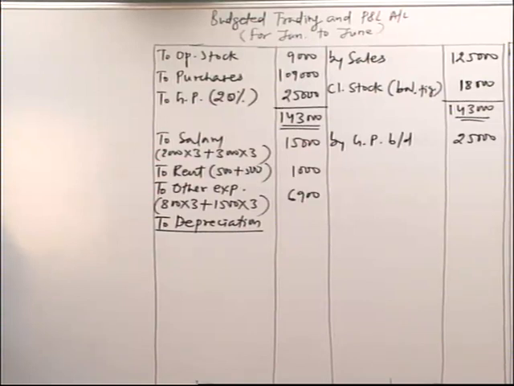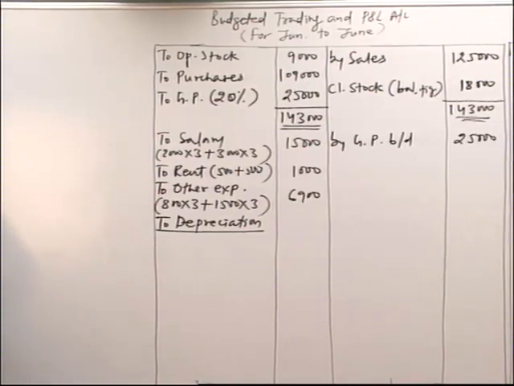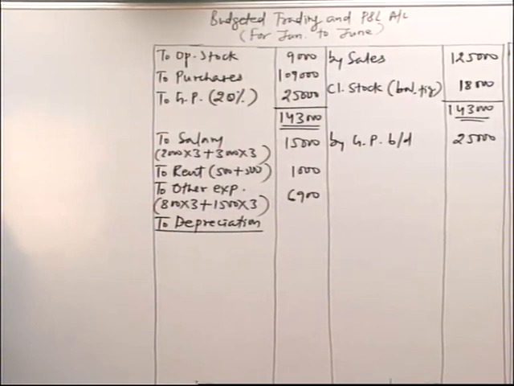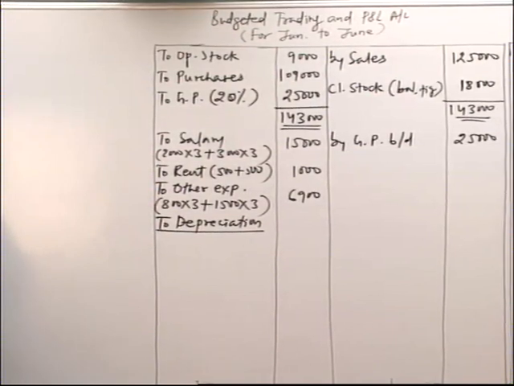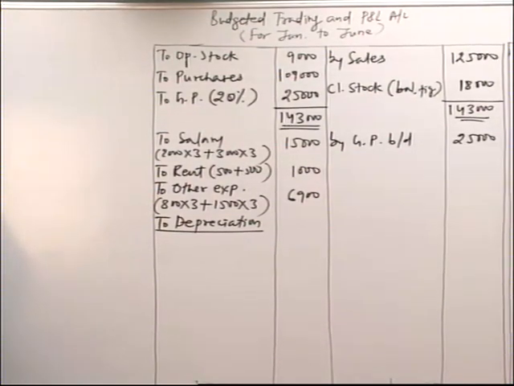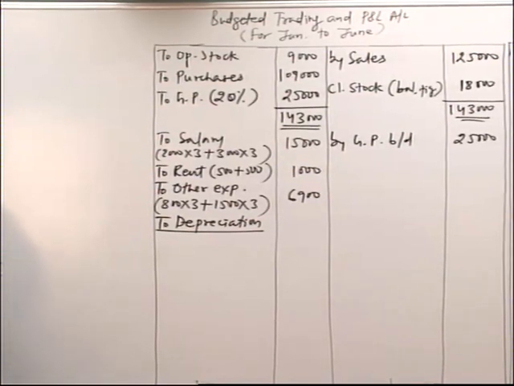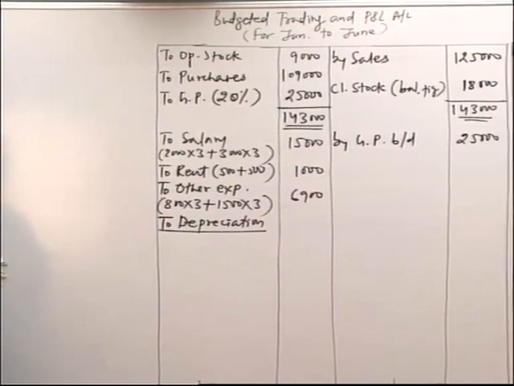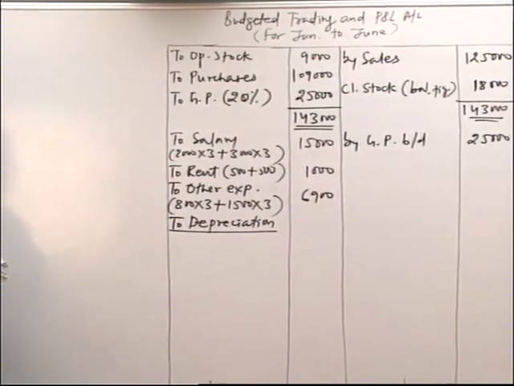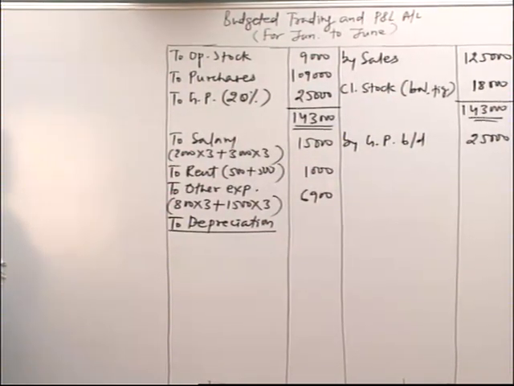Now this fixed asset given in the balance sheet of December, it is used for 6 months. So we will count depreciation on it for 6 months. But the new fixed asset in point number E, it is purchased on 31st March. So it is brought into use from 31st March. So it is used for 3 months, that is April, May and June.